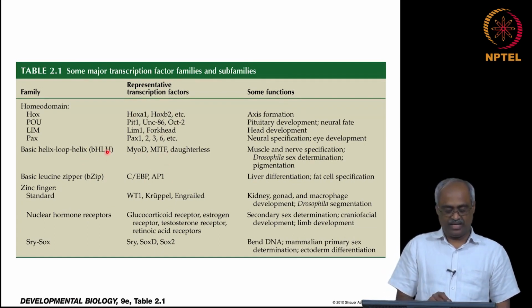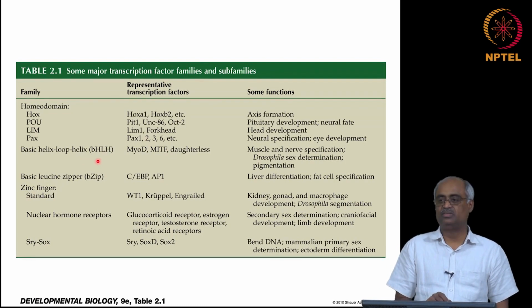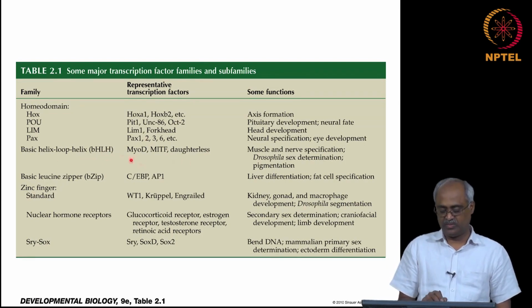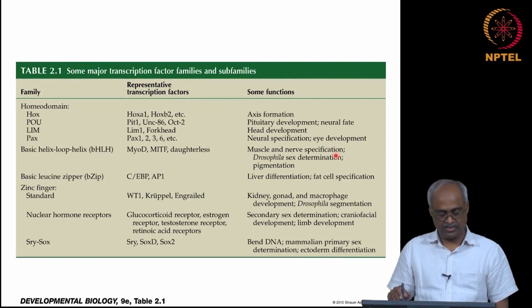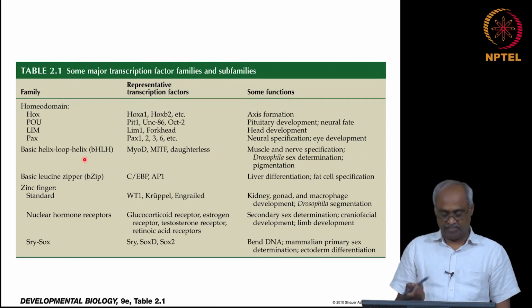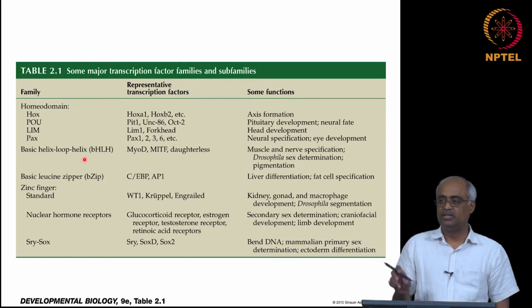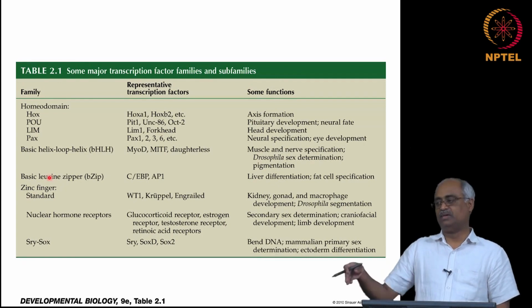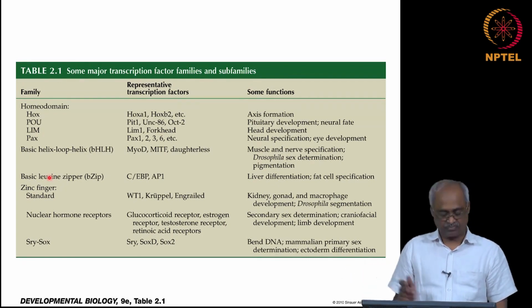And then some have the helix loop helix, HLH, which is present in these transcription factors, and their functions are listed here in the rightmost column. And then leucine zipper: they form a zipper-like structure based on the presence of leucine. Usually every 7th amino acid in them will be a leucine.